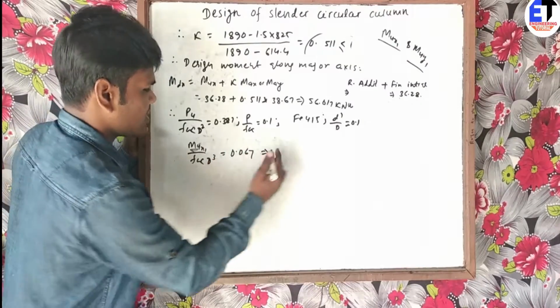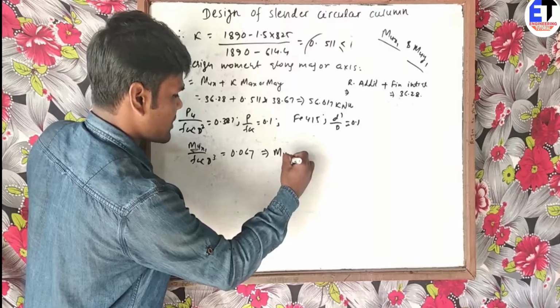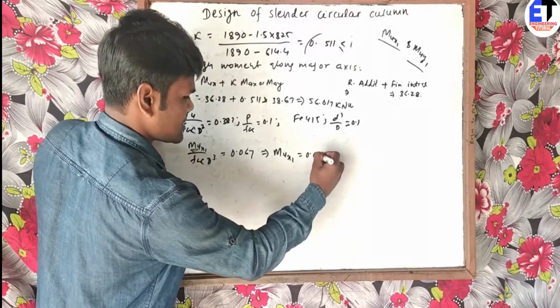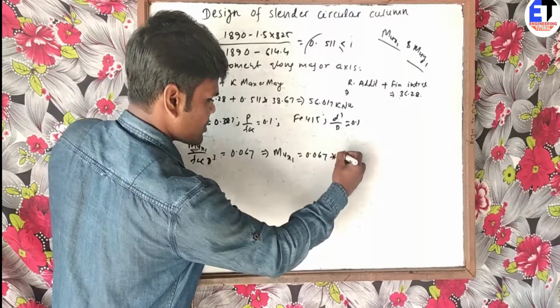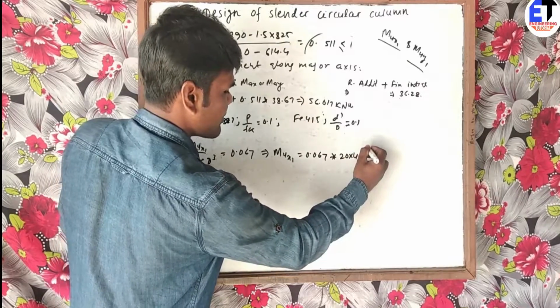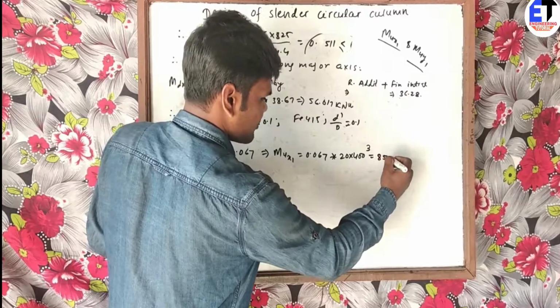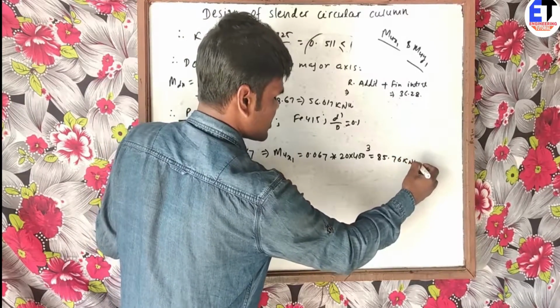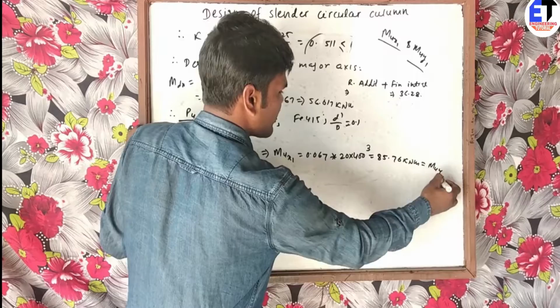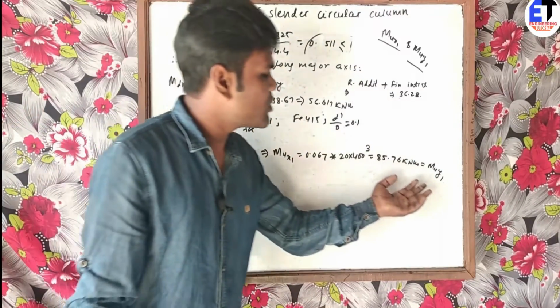And from this expression we can calculate Mux1 equal to 0.067 multiplied by 20 into 400 cubed. This is the value of 85.67 kilonewton meter, which is Muy1. Why is Mux1 equal to Muy1?